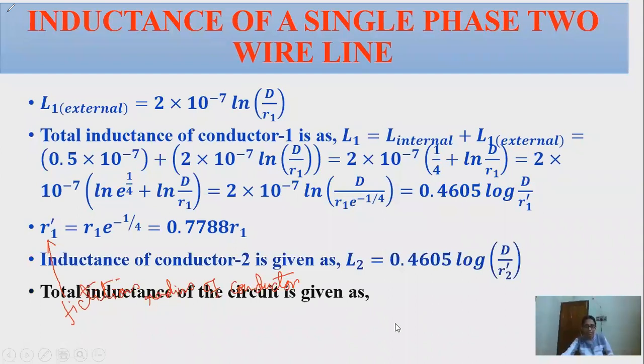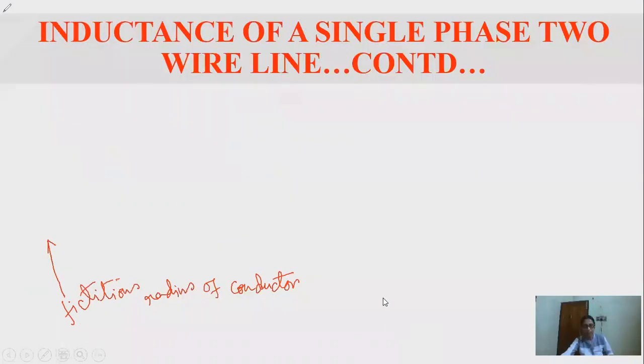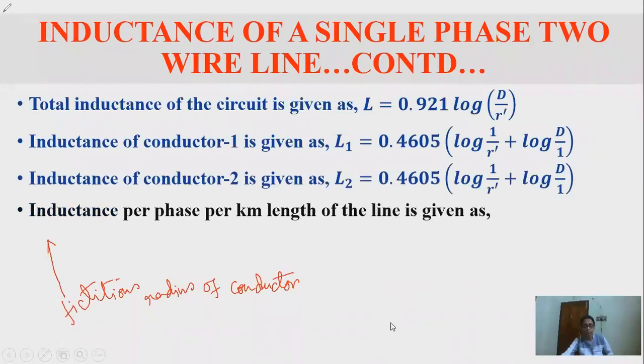So the total inductance of the circuit can be written as L1 plus L2, which is nothing but the summation of the inductance of both the conductors, incoming and outgoing, that is 0.921 into log D by the square root of R1 dash into R2 dash. So the total inductance of the circuit is L equals 0.921 into log D by R dash.